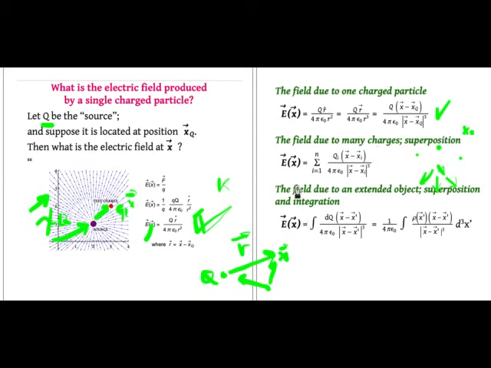Finally, the field due to an extended object. Well, I would have to view the object. Suppose I have an object shaped like a peanut, and it has a charge. Let's say its charge is Q. What's the electric field here? Well, I would divide the object into many small parts. I would divide it up into many small pieces.